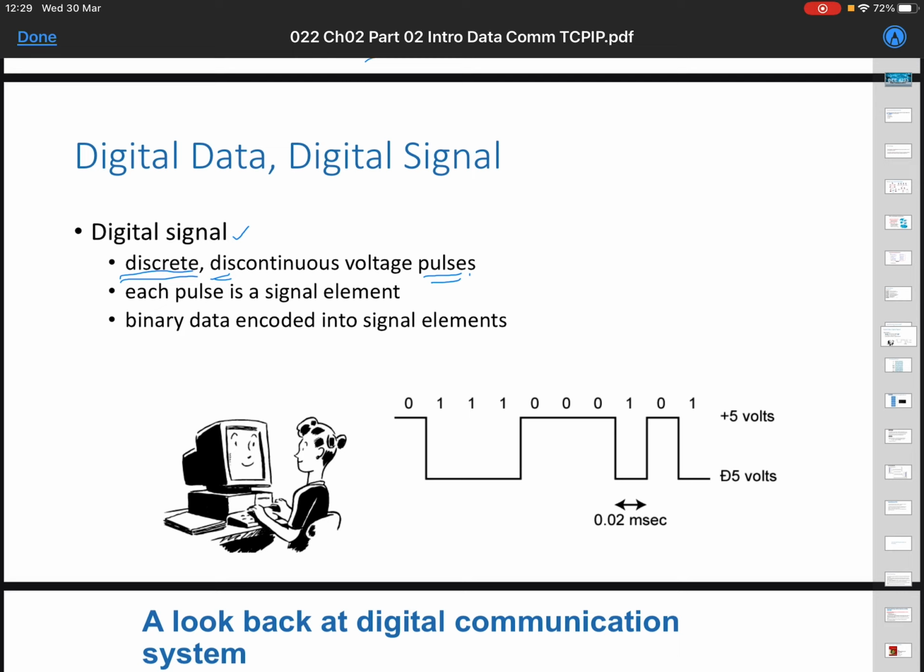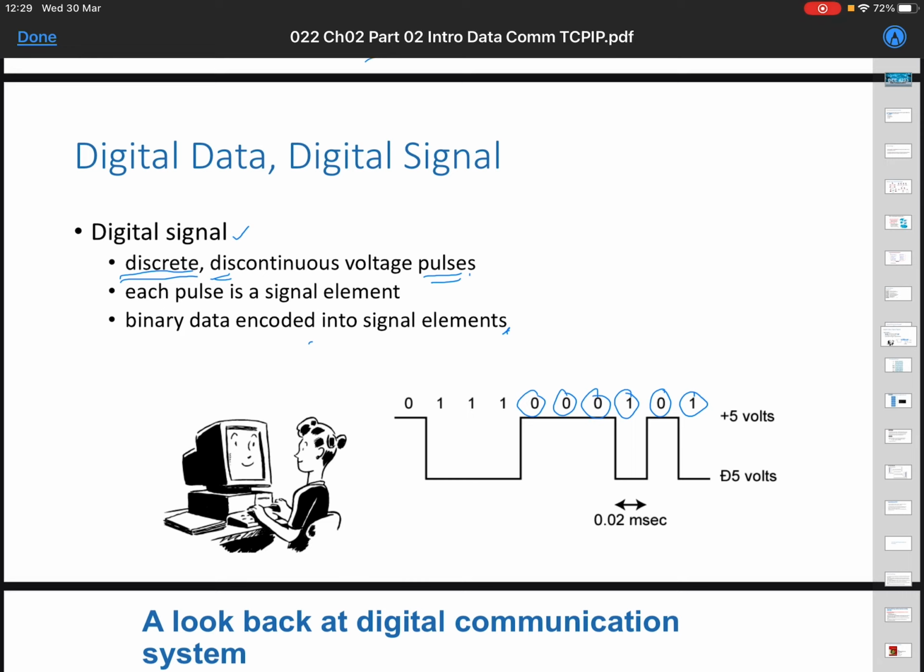So you have one element, two elements. Each point is the signal. So binary data is encoded into signal elements.